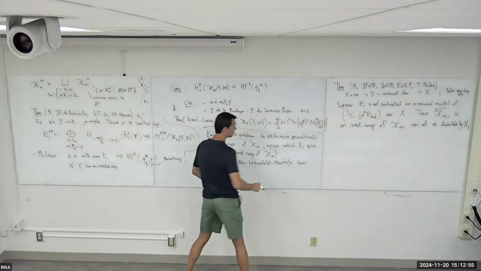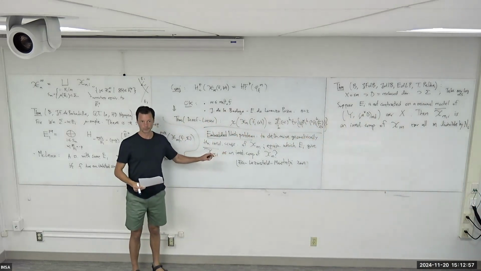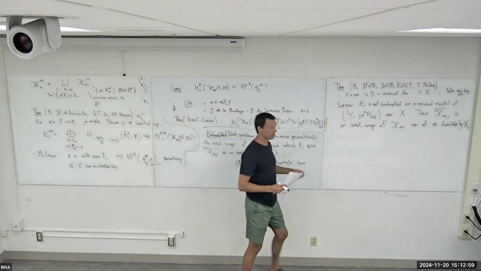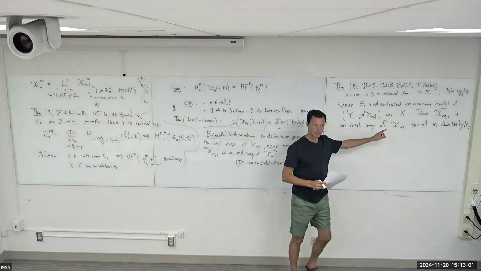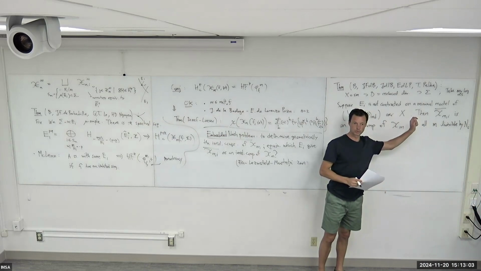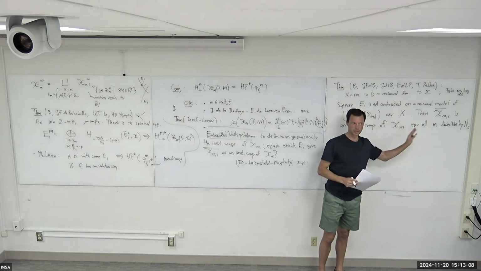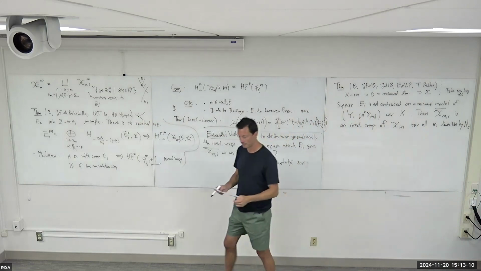As far as the embedded Nash problem is concerned, this is just a partial answer. On the other hand, as far as the minimal model program is concerned, there's a full explanation of divisors that do not get contracted with minimal models, which is a different explanation than what they had before.